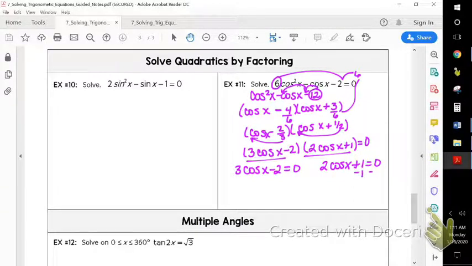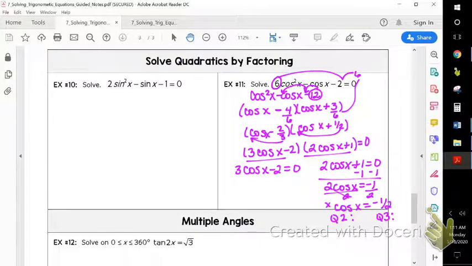And go ahead and work on the second one. And after you do so many of these, hopefully you'll notice we're kind of getting the same answers here. So you could go back and look at what your answers were. Where is cosine of x equal to negative 1/2? Well, we know cosine is negative in quadrants 2 and 3.